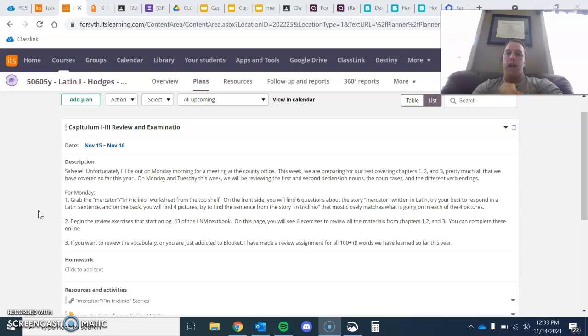It'll be knowing how to identify the declension of a noun, how to fully decline a noun, what the major cases that we've learned so far mean, like if a noun is nominative, how's that different from the genitive or the accusative, or even the ablative sometimes, though you won't be assessed on the ablative, as well as verbs and their endings, and what do those different endings mean, and how do we figure out who's doing an action, and also just general vocab and the ability to read.